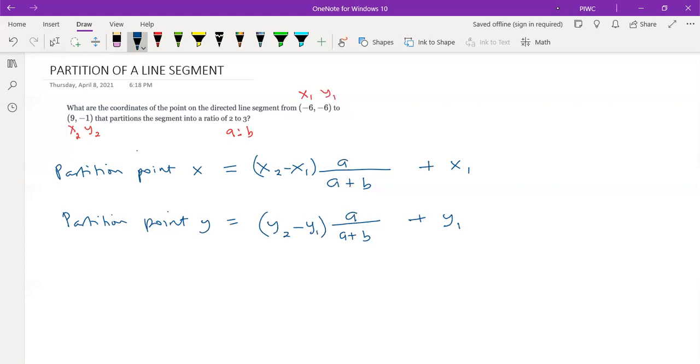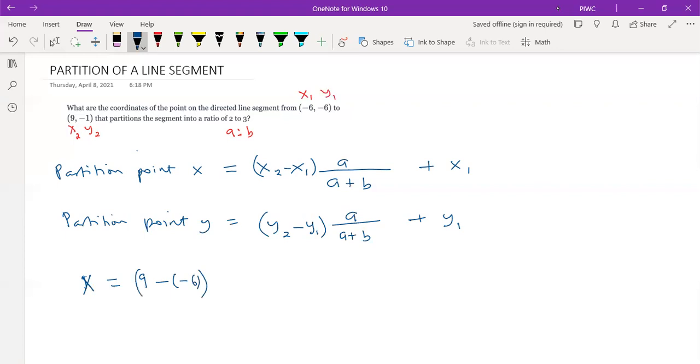So let's put in the values. To get x, partition point x will be equal to x2, which is your 9, minus your x1, and x1 is -6, so minus -6. Okay.